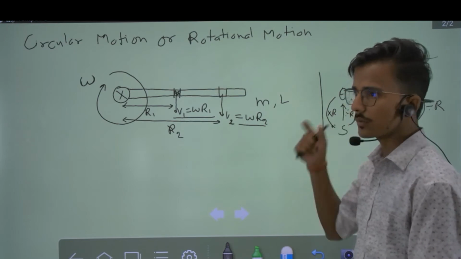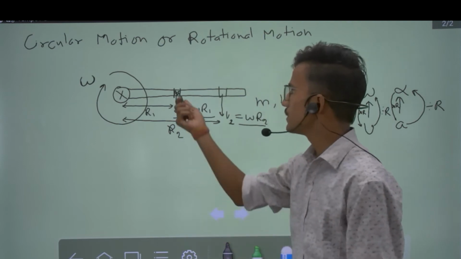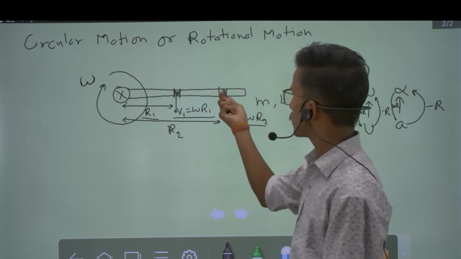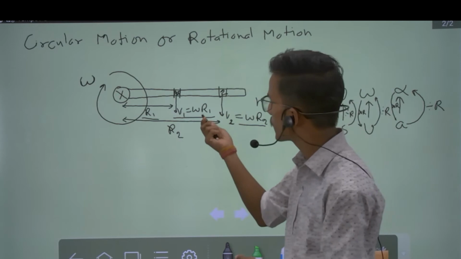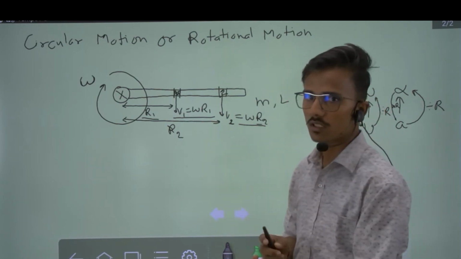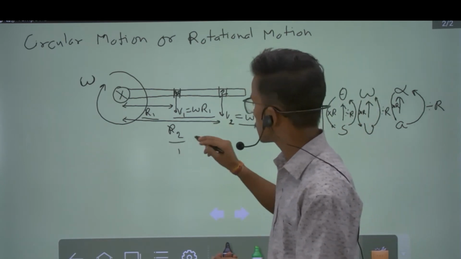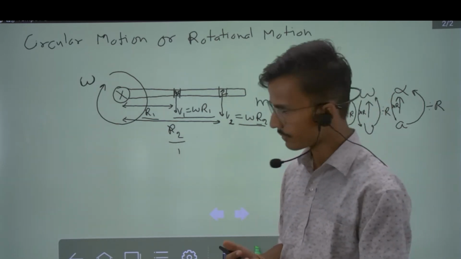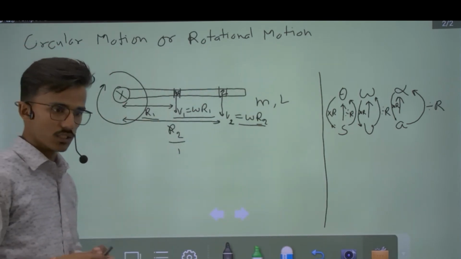Also, if it completes a rotation, the distance covered by one point will depend on r1, and the distance covered by the other mass fraction will depend on r2, which is 2 pi r2, the circumference of the path. So displacement and velocity for both mass fractions are different. This is the main difference between translation motion and circular motion.